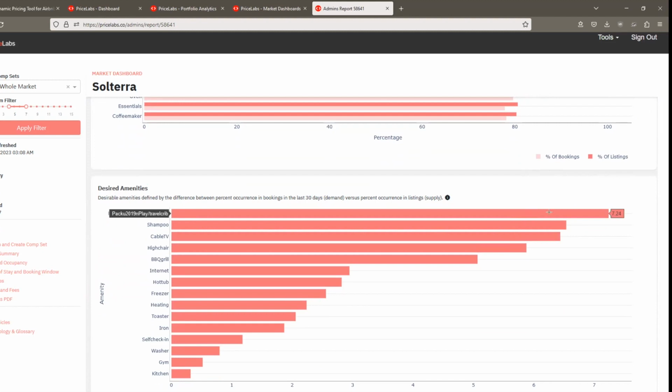It has a desirability score of 7.2%, which basically means maybe 50% of the properties have it, but something like 57.2% of the bookings are done on a property with a travel crib, because people are looking for it.